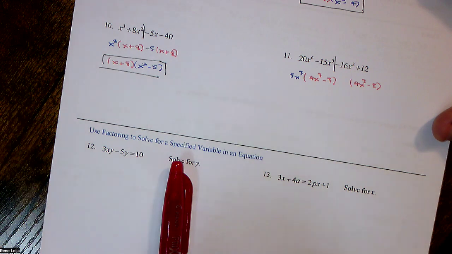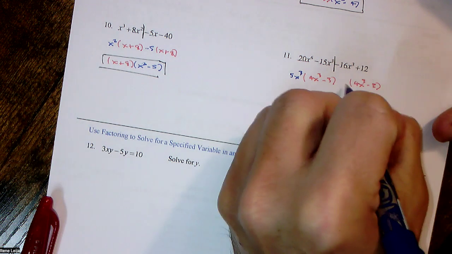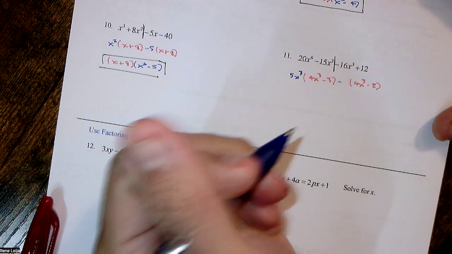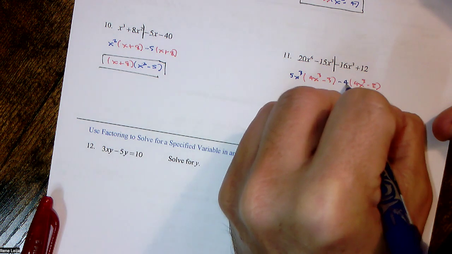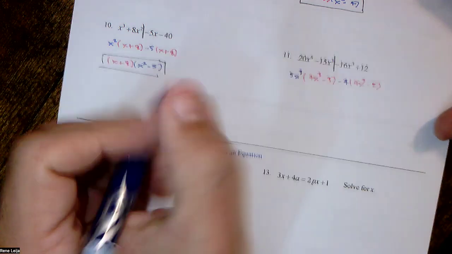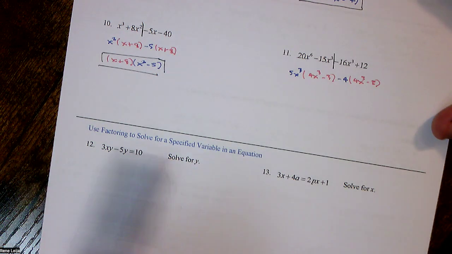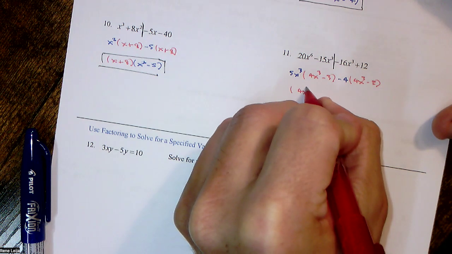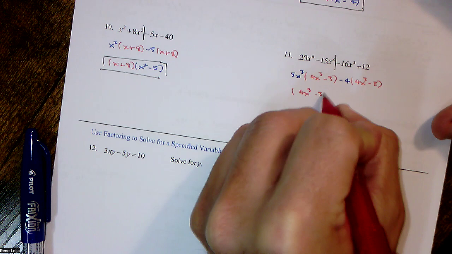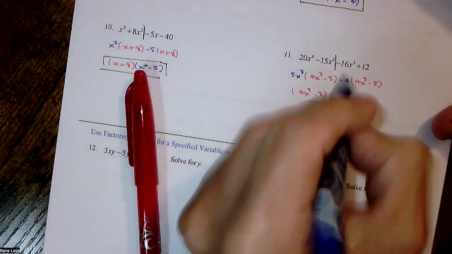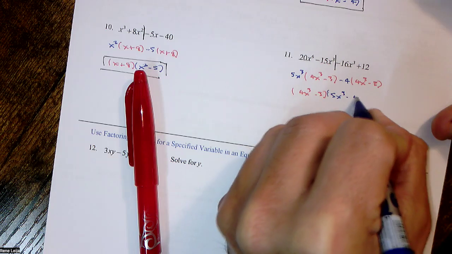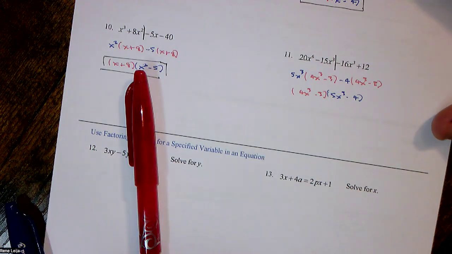And the most that I can take out would be a negative 4. Yep. Okay. So again, we have that common factor of the 4x minus 3. And then the 5x cubed minus 4. And there's your answer.